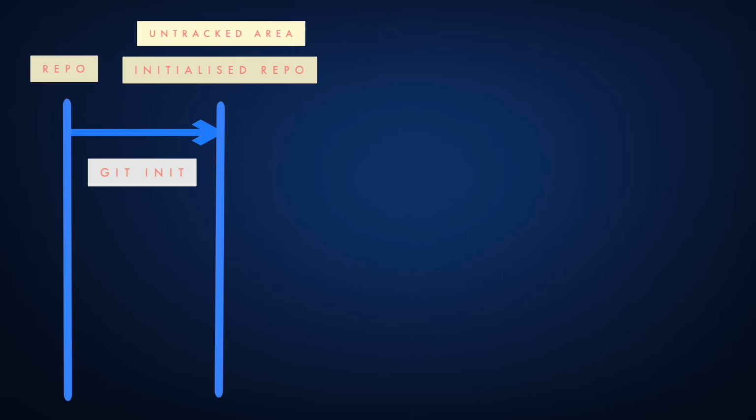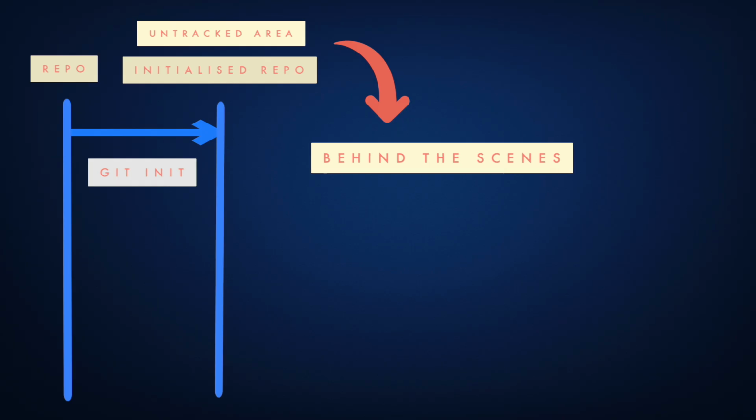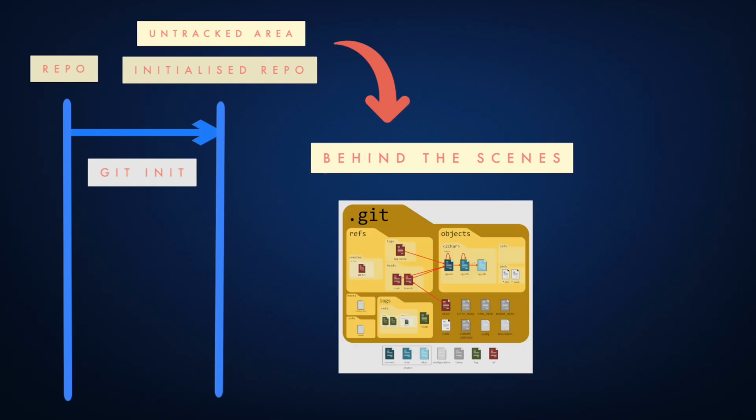So what will happen behind the scene is it actually creates a .git directory. Dot means a hidden directory, right? So in that repo itself, it will create a hidden directory which is called .git, and our repo becomes a Git repo, right? Now you'll ask me a question again: Rohit, our repo becomes a Git repo, what's the difference?